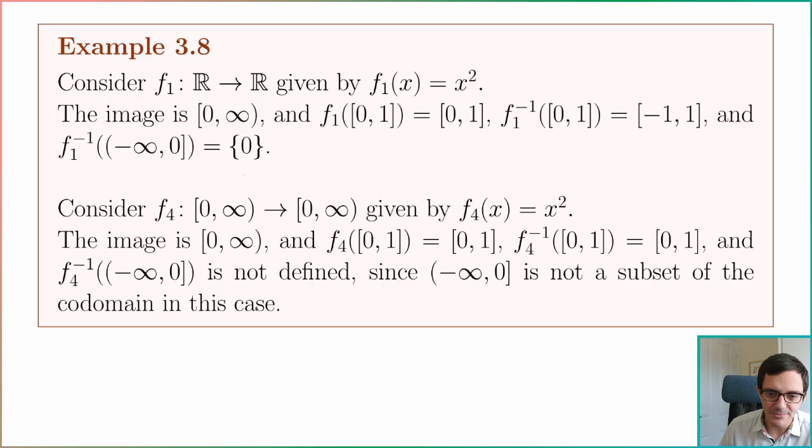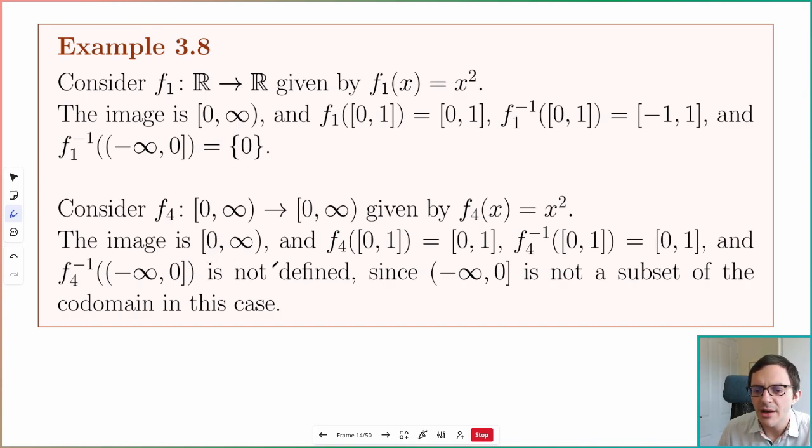Here's another function. We also looked at something called f4 earlier, which just looked at the non-negative numbers. Again, doing some squaring, so the image is, again, that interval. I've got rid of negative numbers, but they weren't really changing the image.